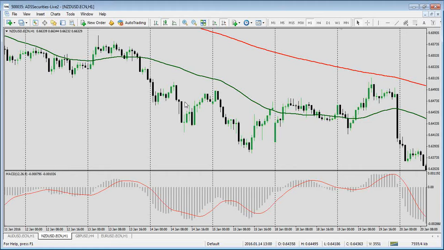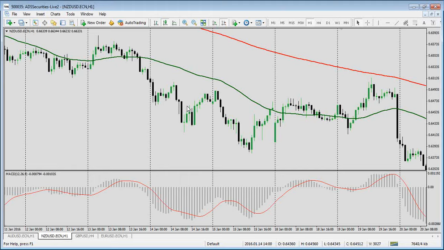We don't just make a decision based on a candle. We have a couple of other KPIs that we need to take a look at. The strategy involves, as I said, moving averages. So whenever the moving averages are looking upwards, we tend to avoid shorting.